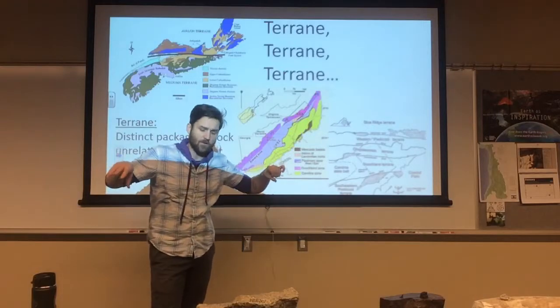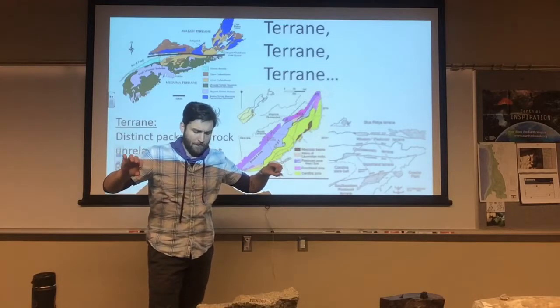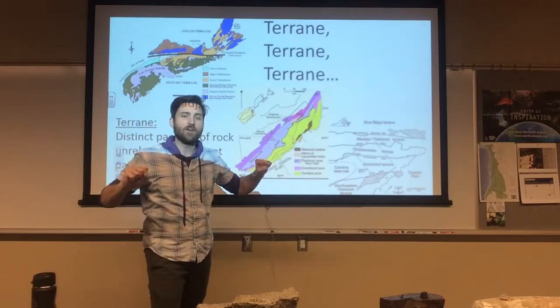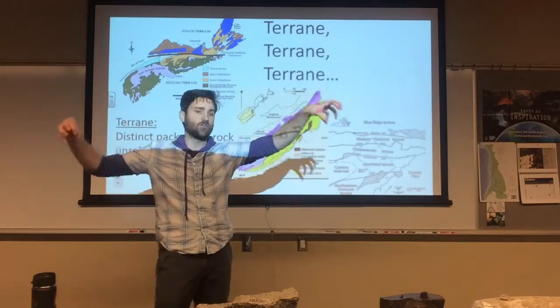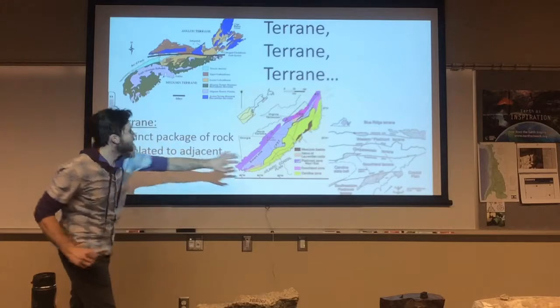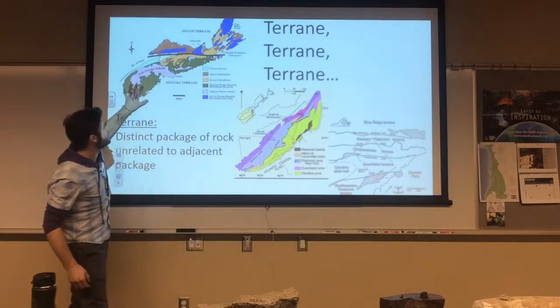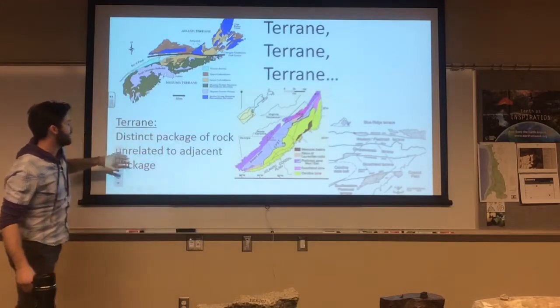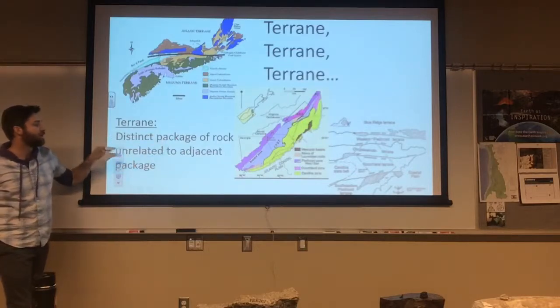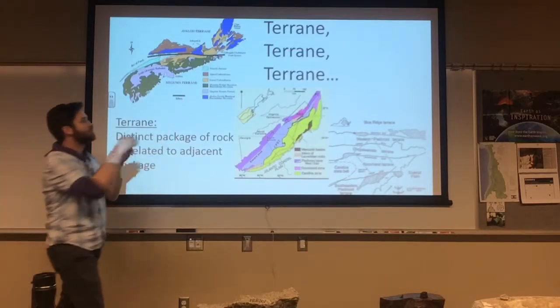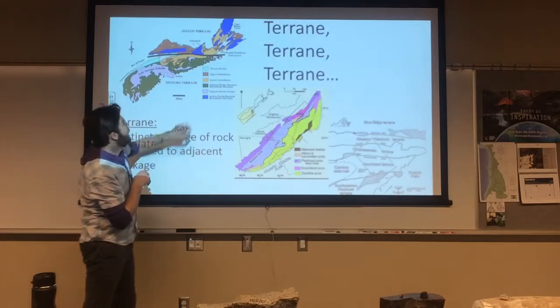Another way to think of that was allochthonous terrane, or, well, let's not invoke that word. They're from far away, exotic terranes, okay? So here's a couple of these different geologic maps from the East Coast that are showing these distinct packages of rock that are unrelated to the adjacent package of rock, right?